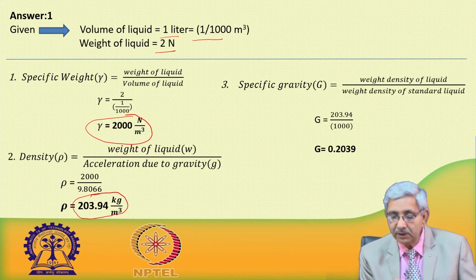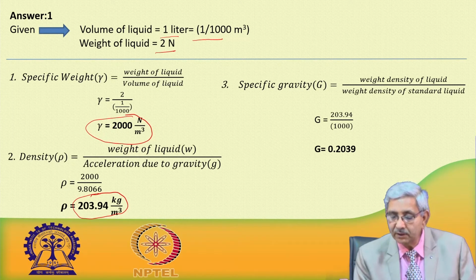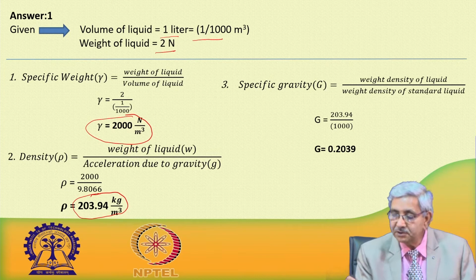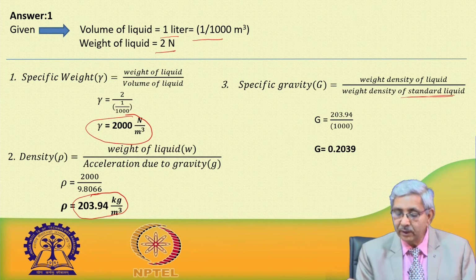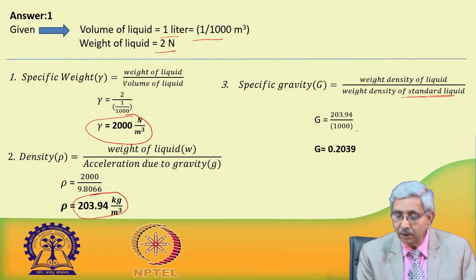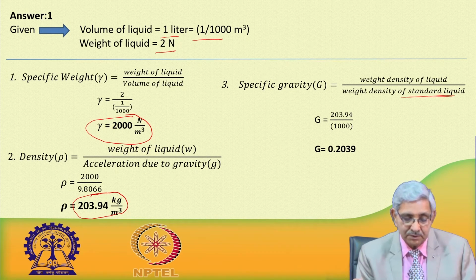Now, when we want to find the specific gravity, it is given by the weight density of a liquid divided by the weight density of the standard liquid. Standard liquid is nothing but water, and water has a density of 1000 kilogram per cubic meter, and the density of this liquid which we worked out is 203.94.